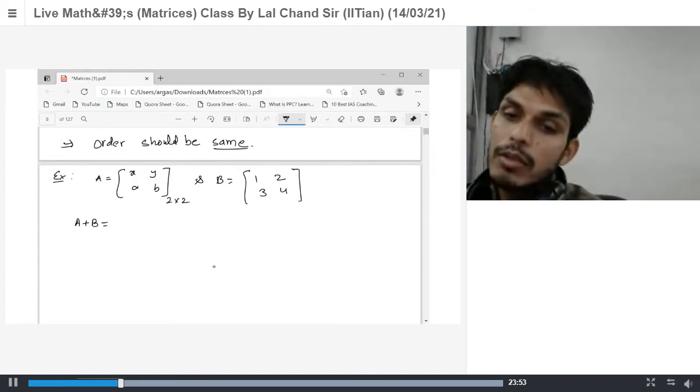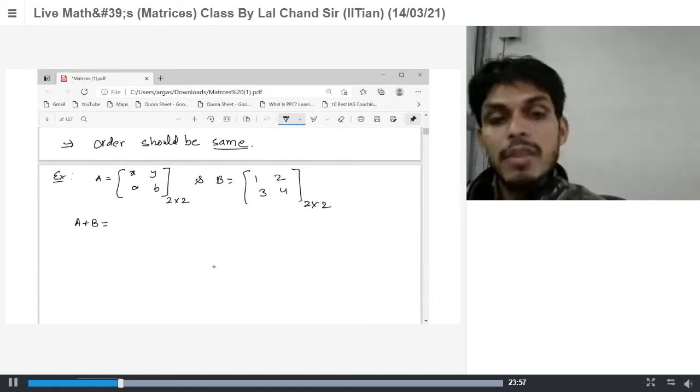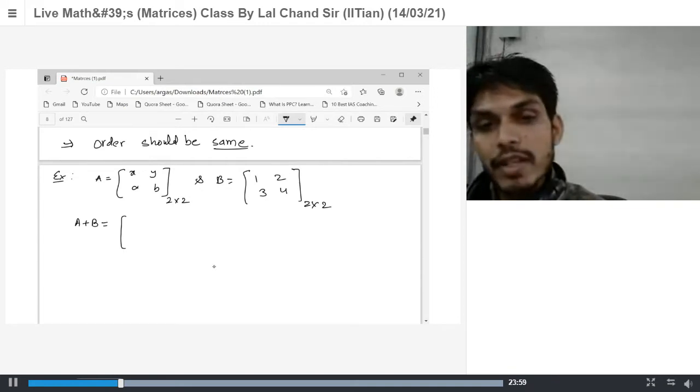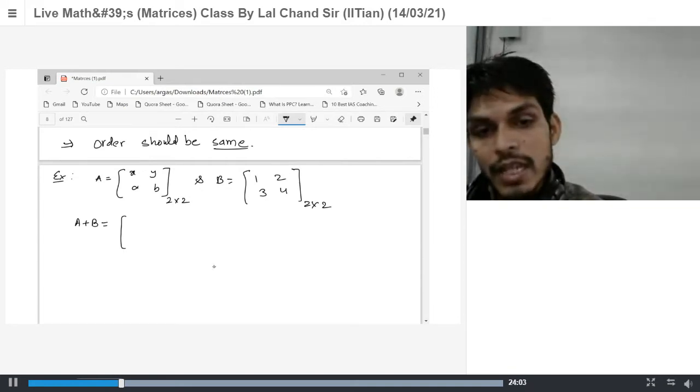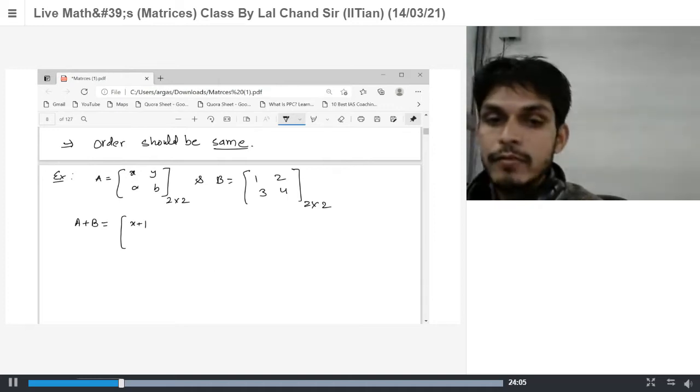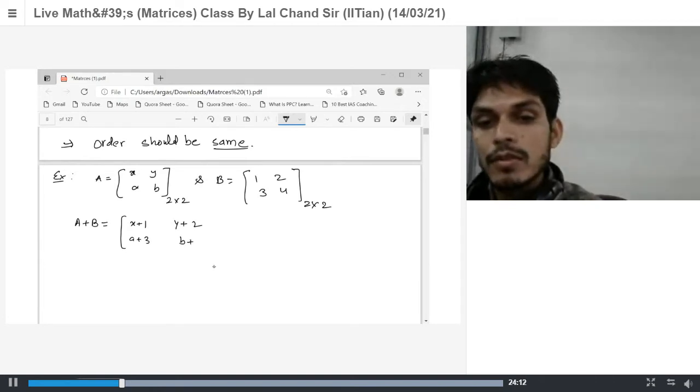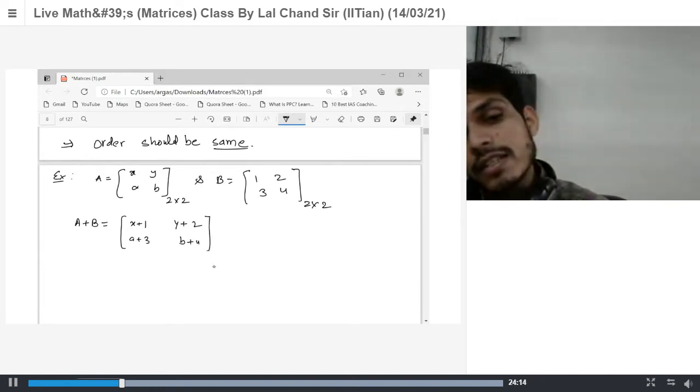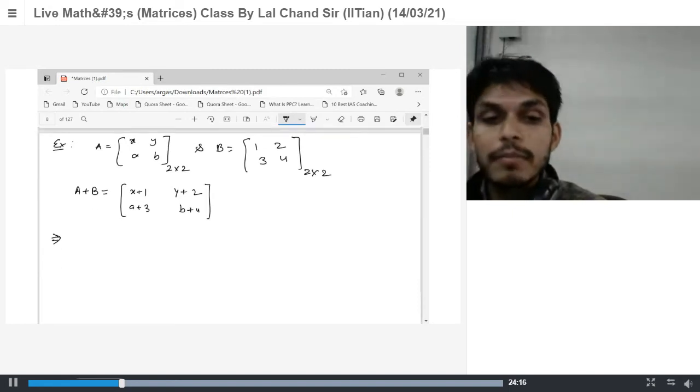Here the order is also 2 cross 2. So we can say A plus B is defined as the sum of their respective elements. First element is added to first element, so we can say x plus 1, y plus 2, z plus 3, a plus 4.